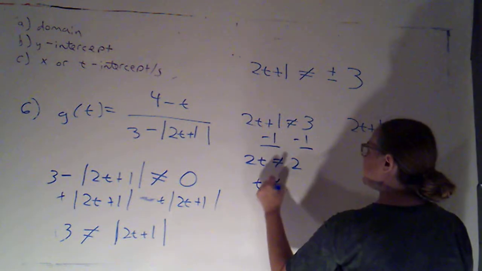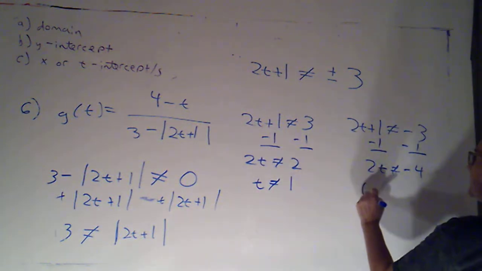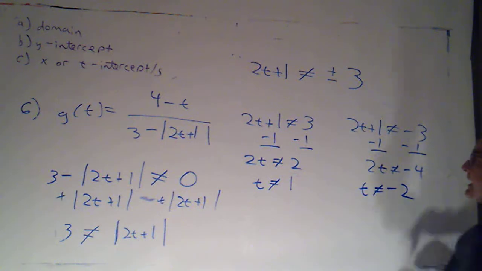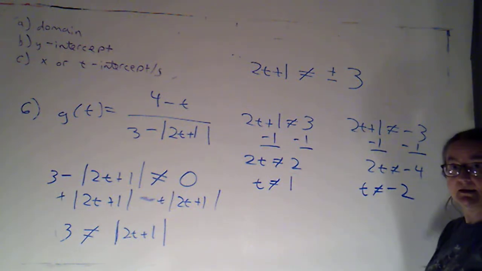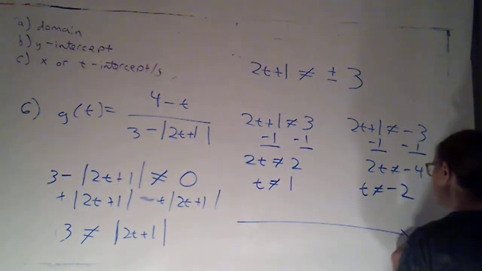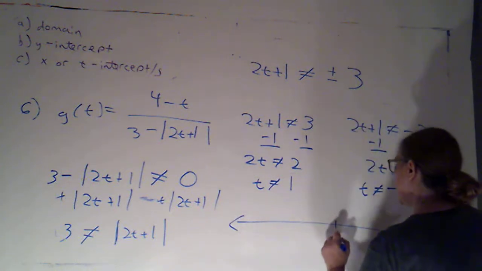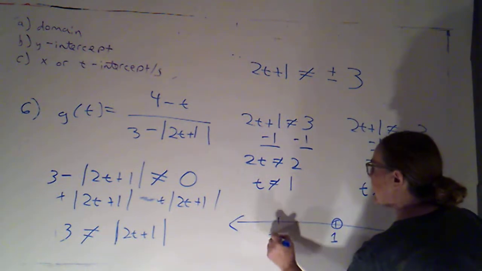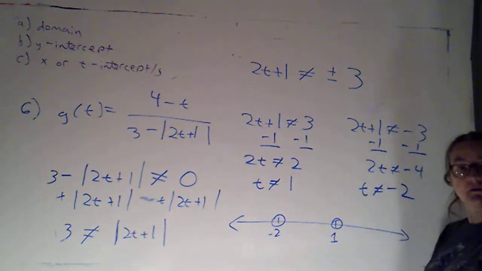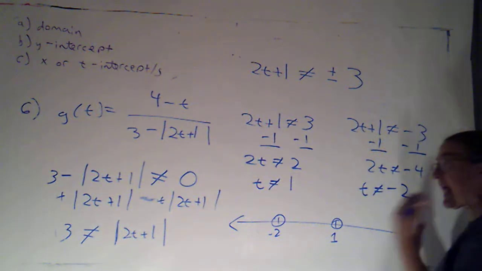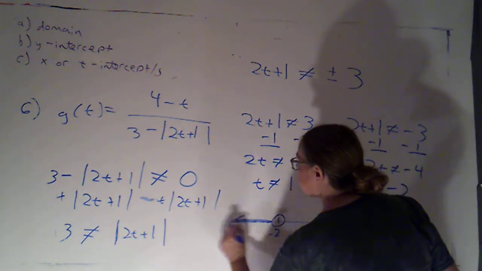So here this says t is not equal to 1, and this one says t is not equal to negative 2. So now I have two values, 1 and negative 2, that are not included in the domain, but everything else is.